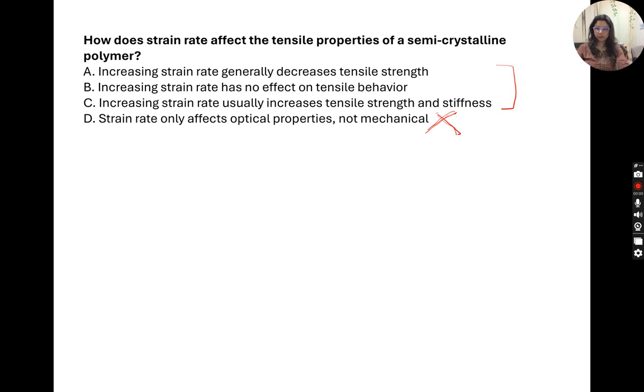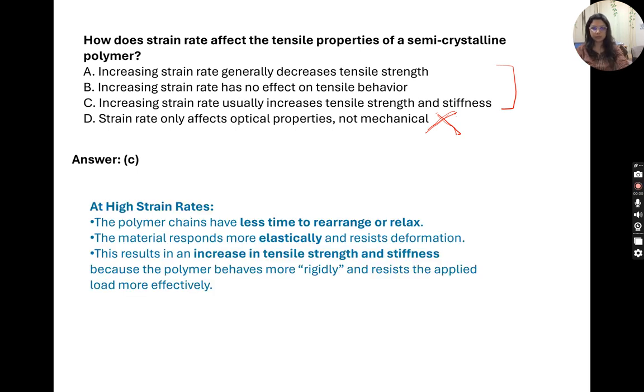Okay, let's move forward to the answers. Increasing strain rate affects the tensile properties of semicrystalline polymers: it generally increases the tensile strength and stiffness. At high strain rate, the polymer chains have less time to rearrange or relax, so the material responds more elastically and resists deformation.